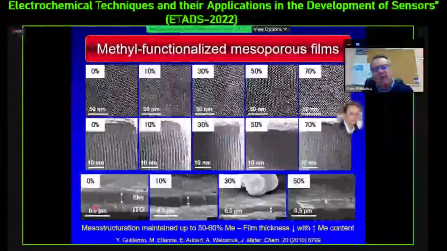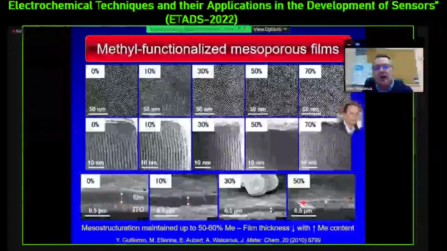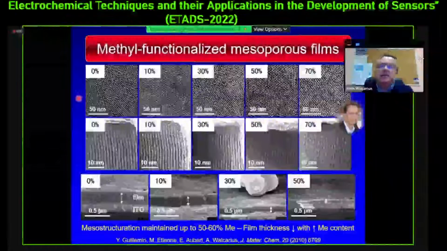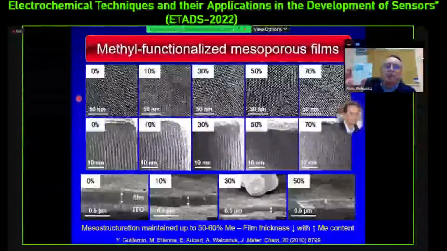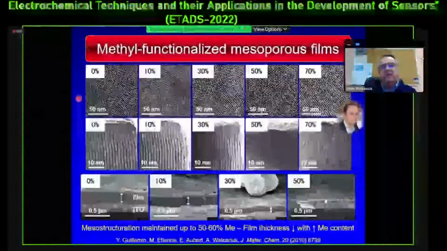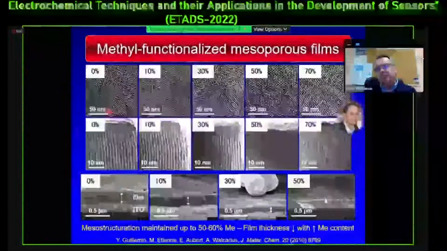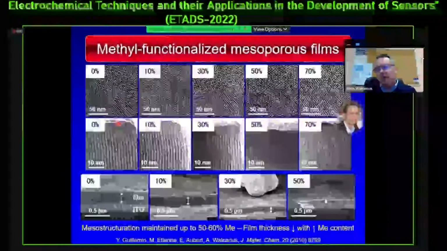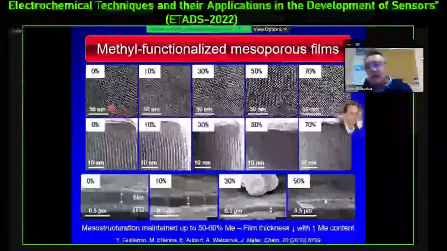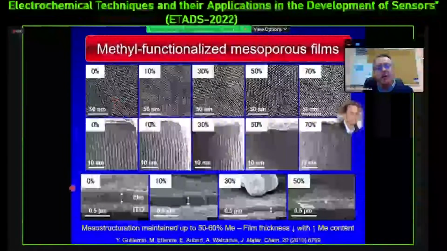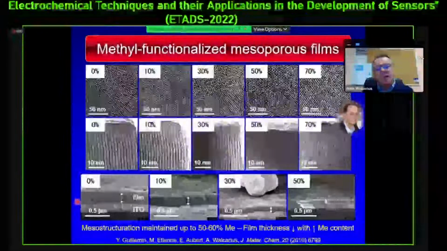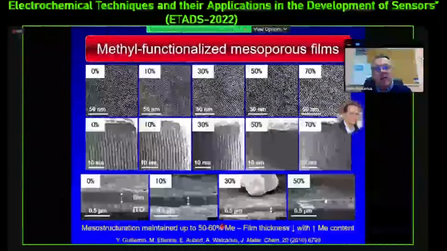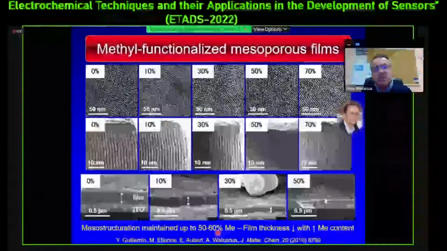The thickness of the film is decreasing by increasing the amount of organosilane in the material. This is due to the fact that the condensation rate of an organosilane is not as fast as the condensation of the tetraethoxysilane. Slower, sorry. In that case, you can keep the organization up to 60%.